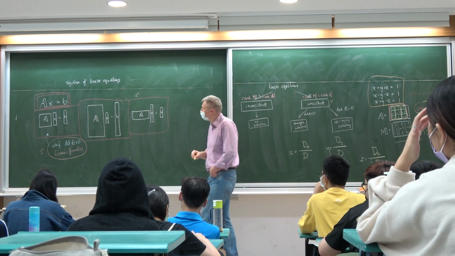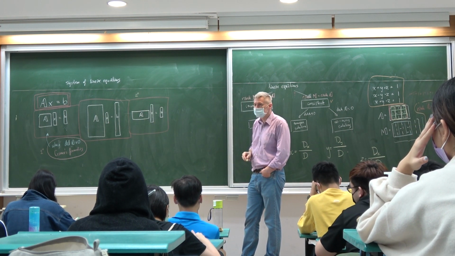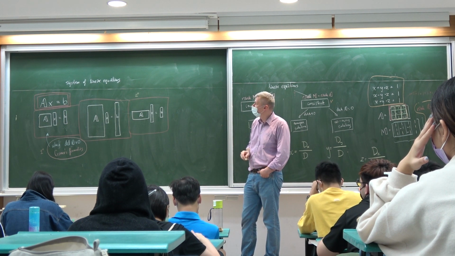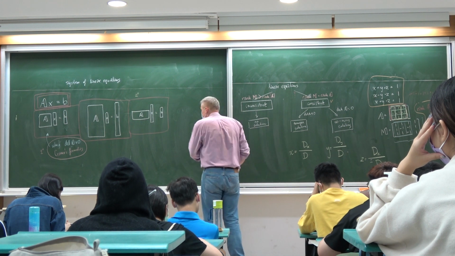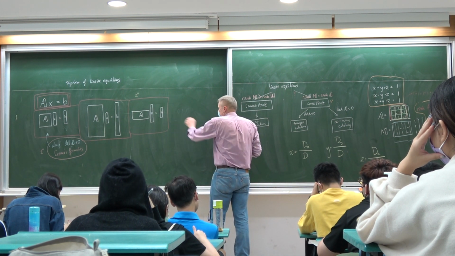Let us see what happens in this case. Let us take an example of a problem, and let's see what we can do about that. So we take that type of situation.